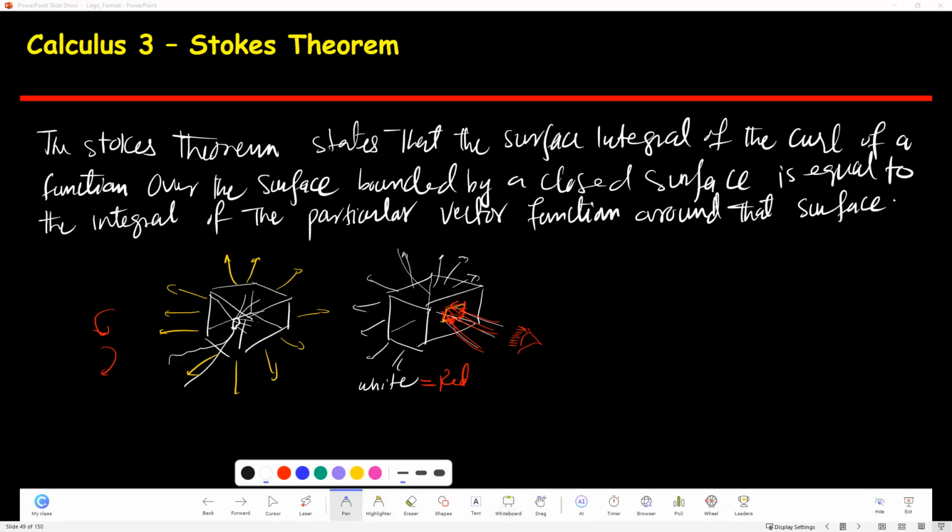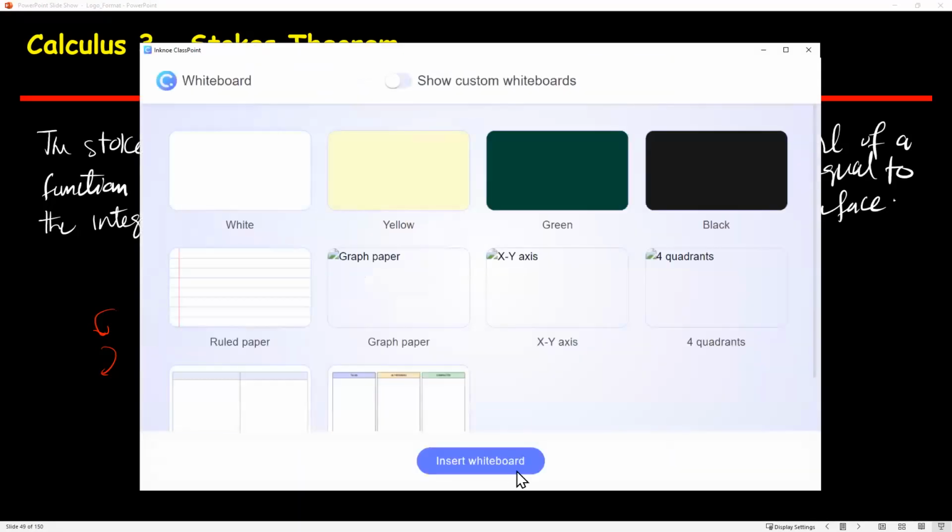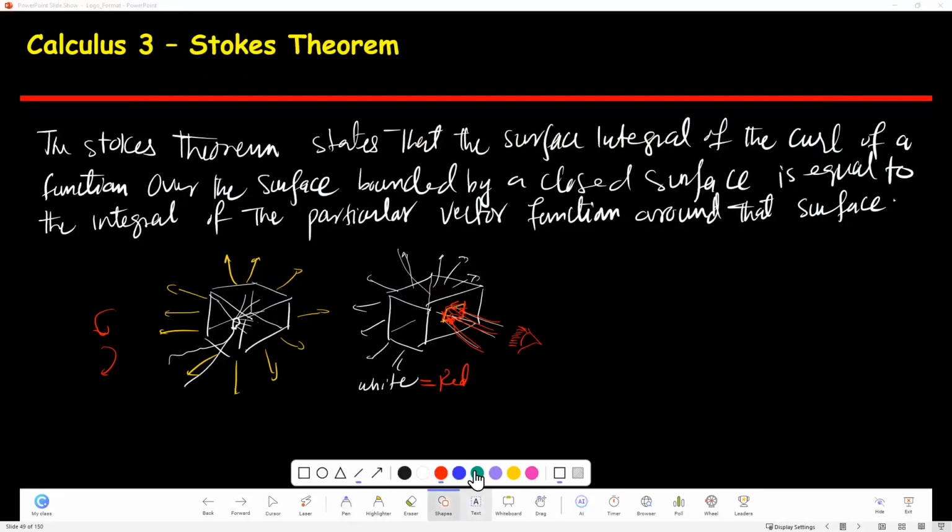So if I'm going to define a line like this, I'm defining this line.